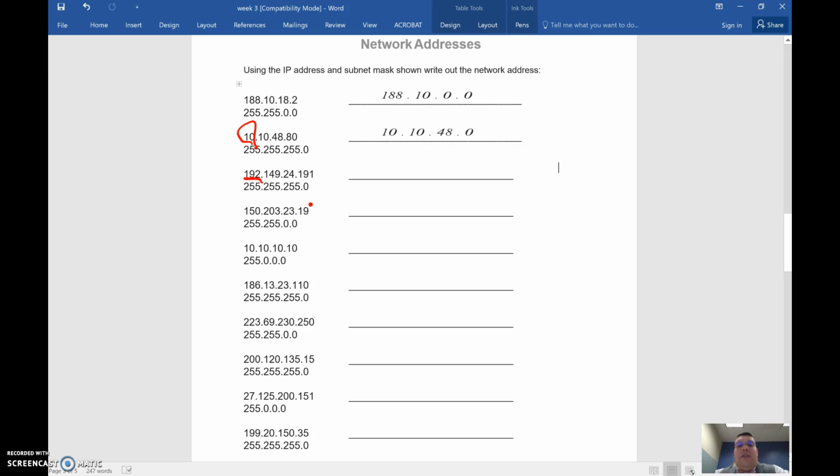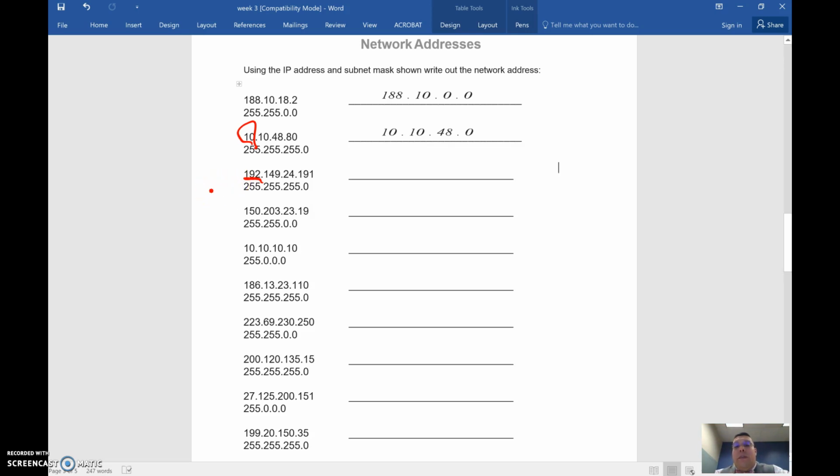Well, a trick here would be to take it longhand and draw out 192 in binary, 149 in binary, 24 in binary, and then 191 in binary, and then write 24 ones and then 8 zeros and try to figure out the network address. But we can already see that it is a class C.